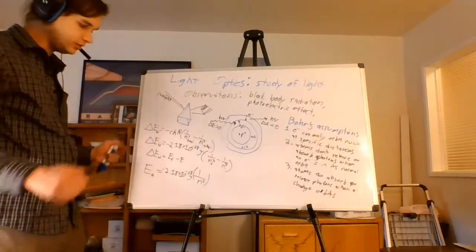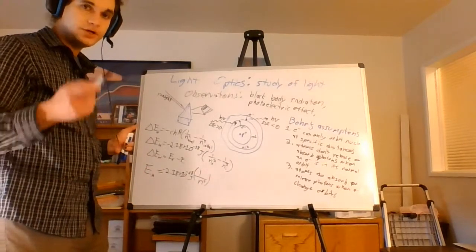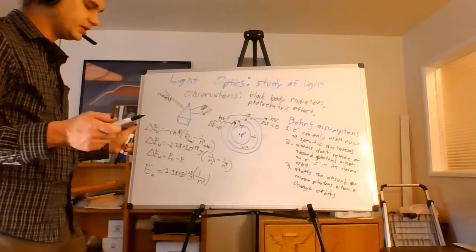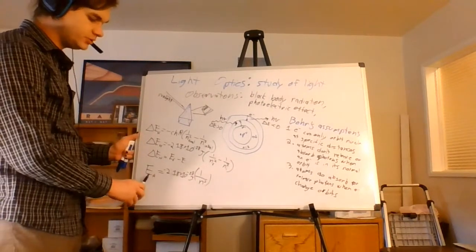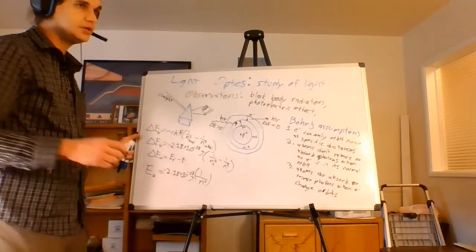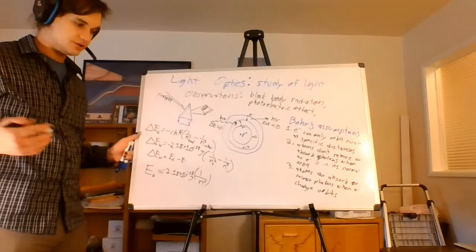Now, Bohr's model, including this, turned out to be very accurate, but the reason that it ended up being even more important is because he was able to make this model accurate for atoms that were not just hydrogen.